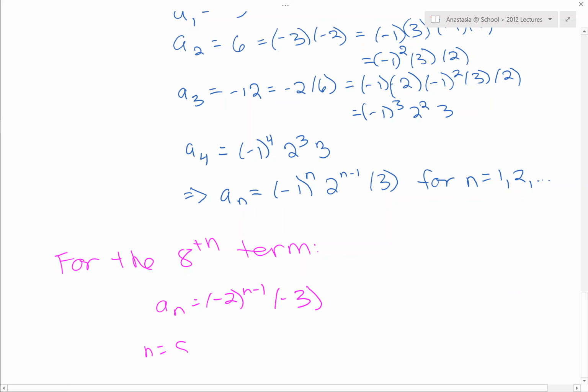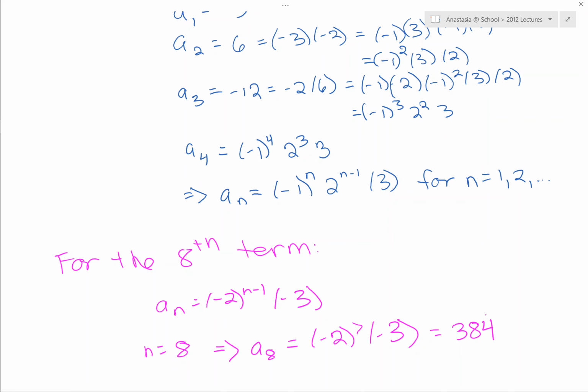So with n equaling 8, since we started at n equals 1, the 8th term is n equaling 8. Then a sub 8 is going to be -2 to the 7th times -3, which if we plug that into a calculator, we will get 384. Or of course you can raise -2 to the 7th in your head, multiply by -3 if you would like.